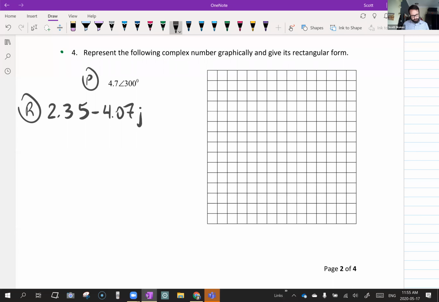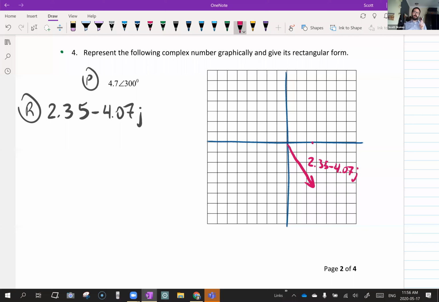Okay, let's just draw a random axis here just to have something to work with. And let's graph this. 2.35 to the right is about right here. -4, 1, 2, 3, 4 is about right here. And so I'm just going to draw my vector. And that's it. That is 2.35 minus 4.07j.